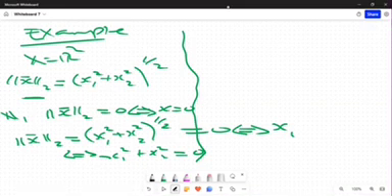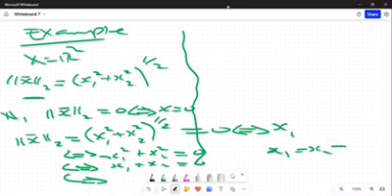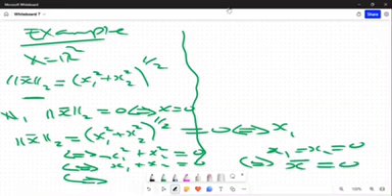Well, this will be equal to 0 if and only if x1 equal to x2 equal to 0. And this will be equal to 0 if and only if x bar is equal to 0.